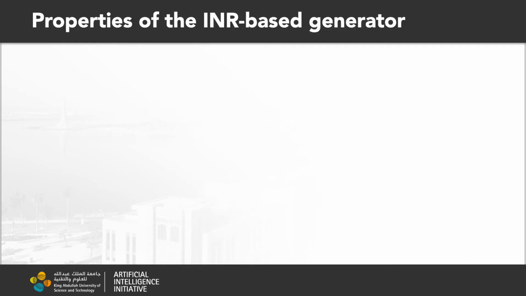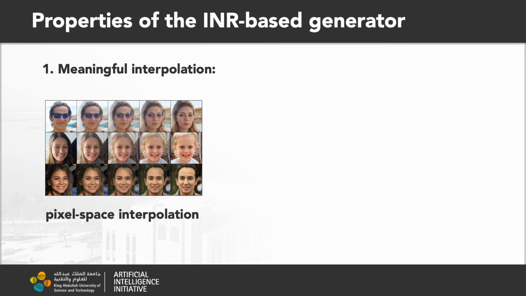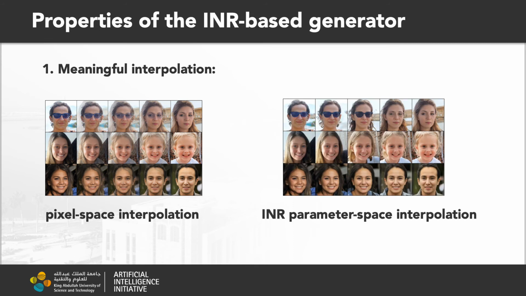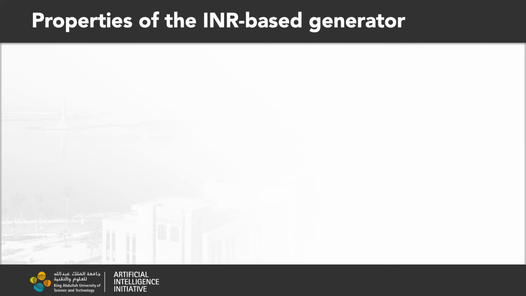But the true power of the INR-based generator comes from its inherent properties. The first one is meaningful interpolation. Compared to pixel space interpolations, interpolating in the parameter space of INRs allows to preserve the semantic properties of the image objects. The second property is out-of-the-box super resolution.